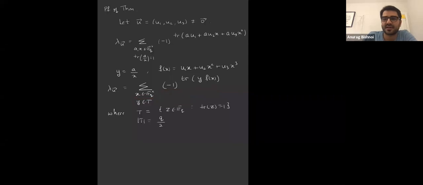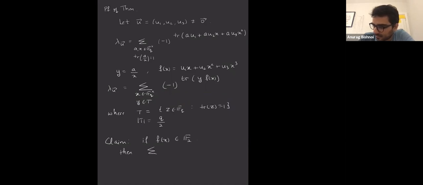So many of these terms vanish and the remaining terms are not that many, so you can just approximate them sort of trivially. So what I claim is that if f of x is not in your binary field, so if it's outside it in the larger field, then this sum over y in T of minus 1 to the power trace of y f of x is 0.